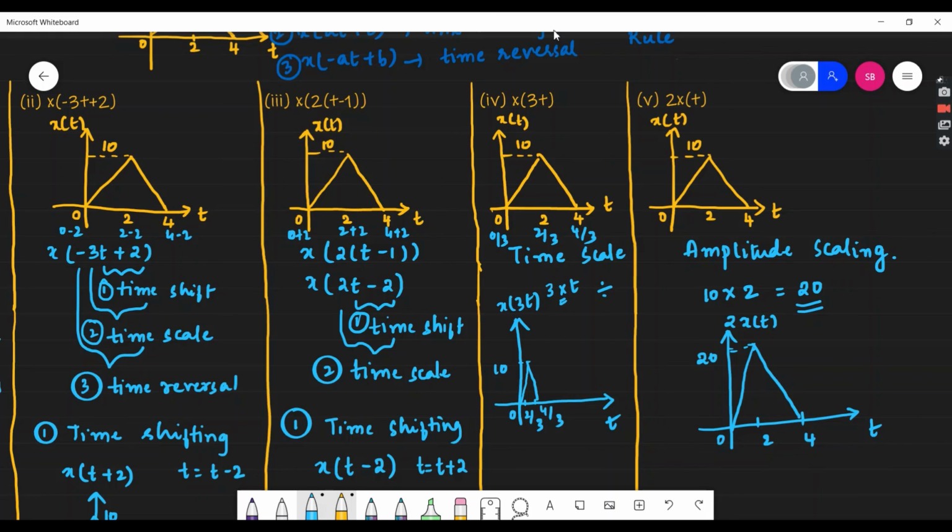I hope this video was useful for all of you in understanding how an operation is performed on a CTS type of signal, and also how you can plot the sketch or the signals in terms of CTS. This is quite a lengthy procedure, so the same thing cannot be applied when you are going for any competitive exam.